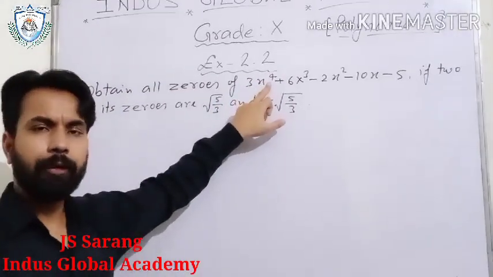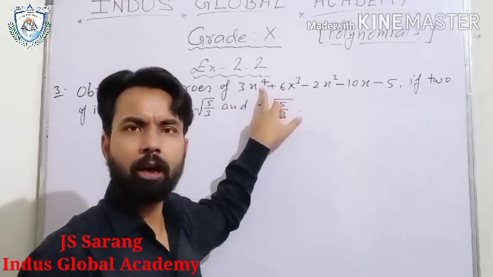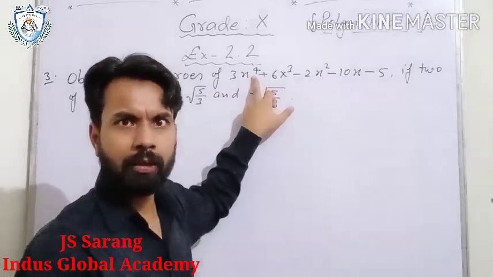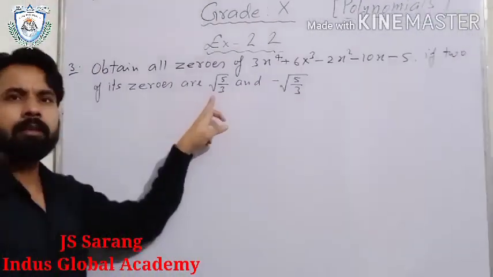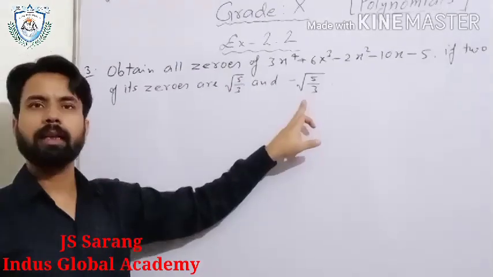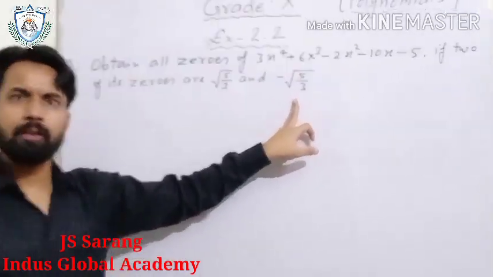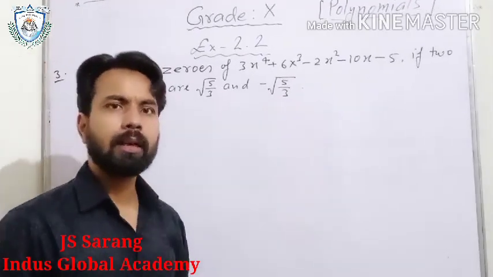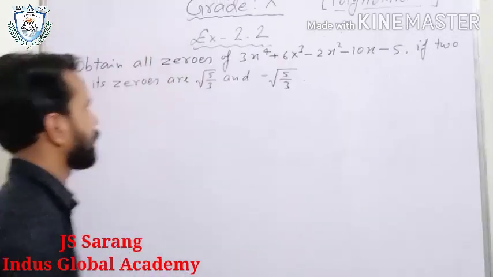That is 4. If the degree is 4, that means this polynomial has how many zeros? 4 zeros. And out of 4 zeros, 2 are given here. One is under root 5 upon 3, another is minus under root 5 upon 3. So if two zeros are given, we have to find the remaining two zeros. Understood? So how can we solve this?